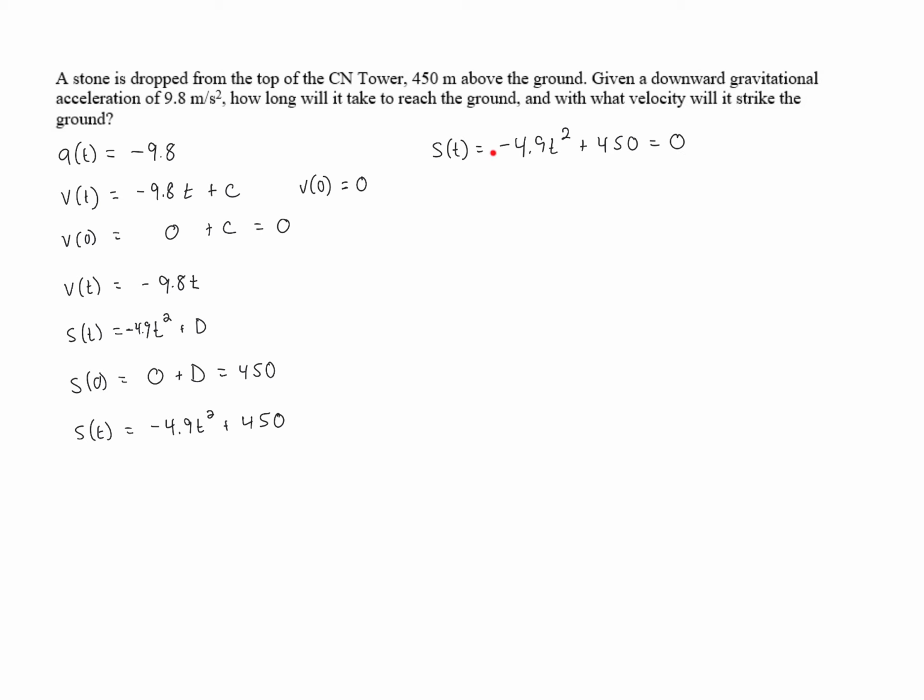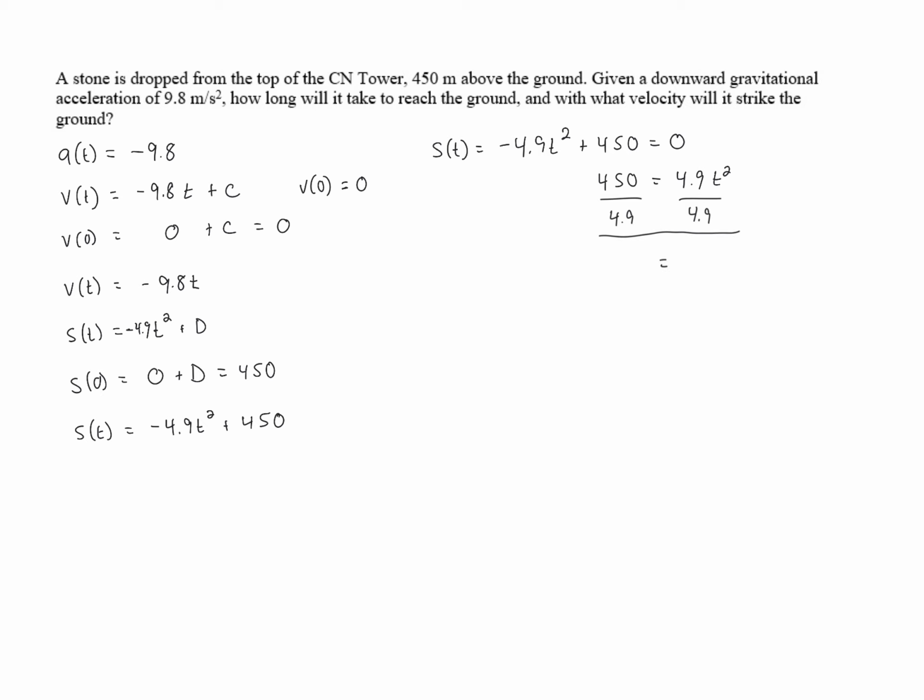I'm going to add 4.9 t squared to the other side to make it positive. That gives us 450 equals 4.9 t squared.